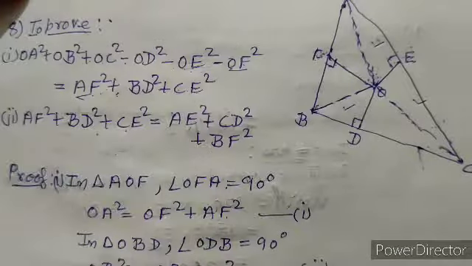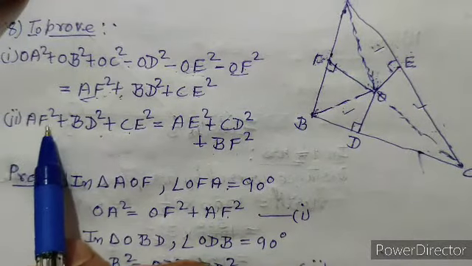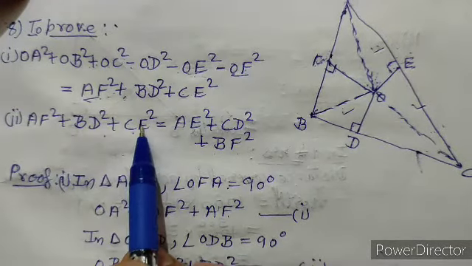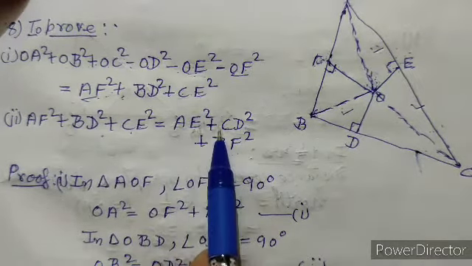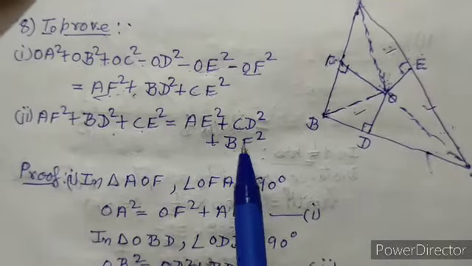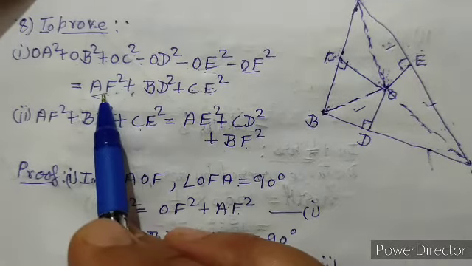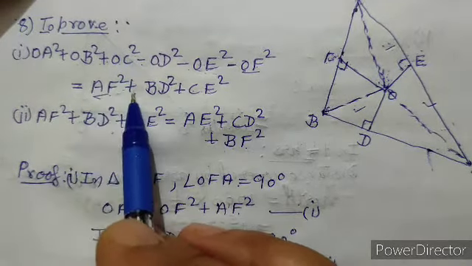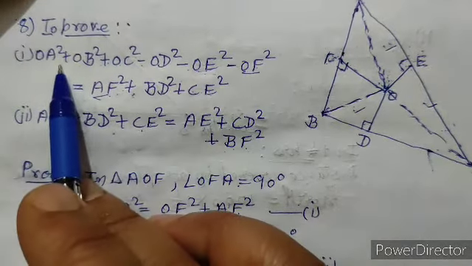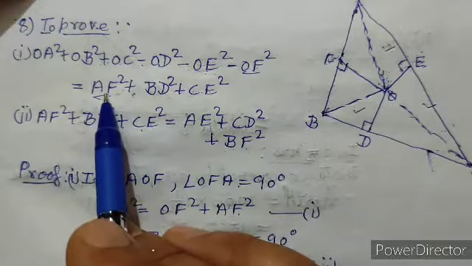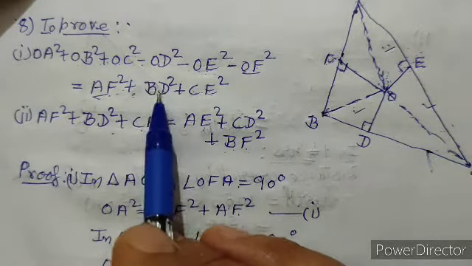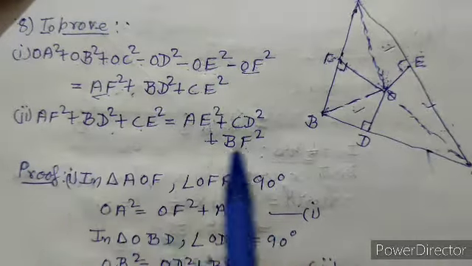Now in the second part, we have to prove that AF square plus BD square plus CE square is equal to AE square plus CD square plus BF square. As we have already obtained the value of AF square plus BD square plus CE square in the proof of the first part, we will use it to prove the second part.